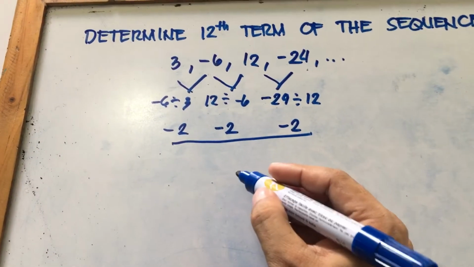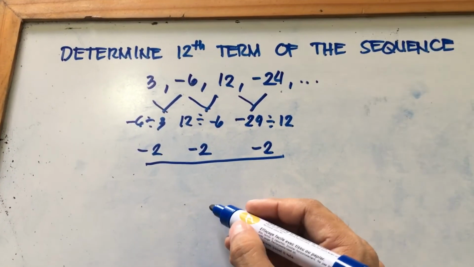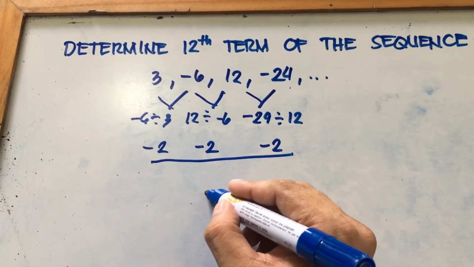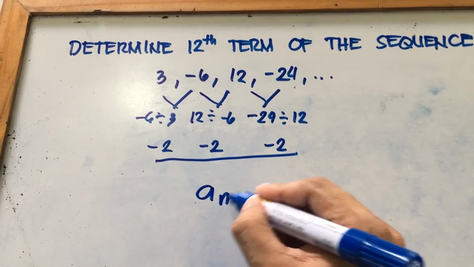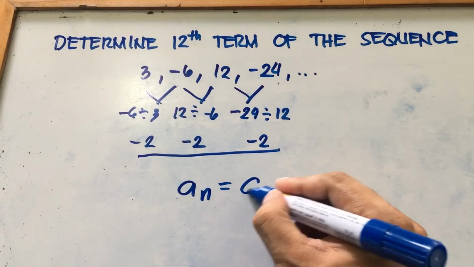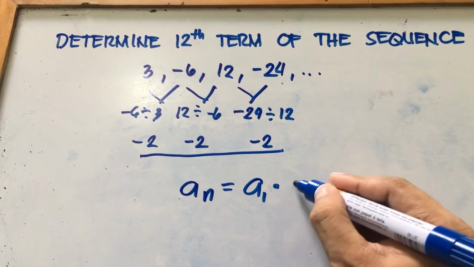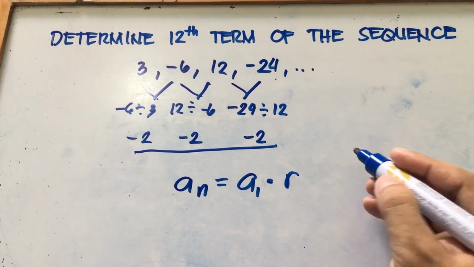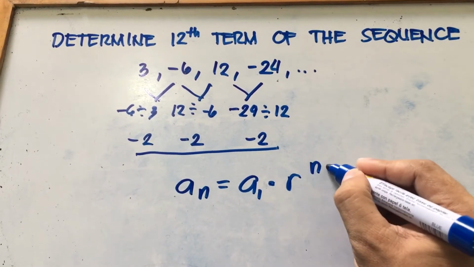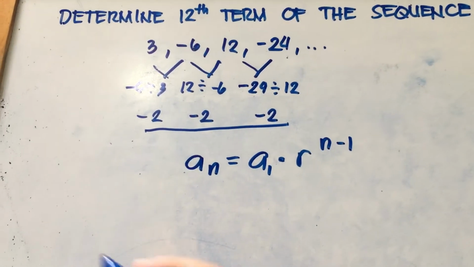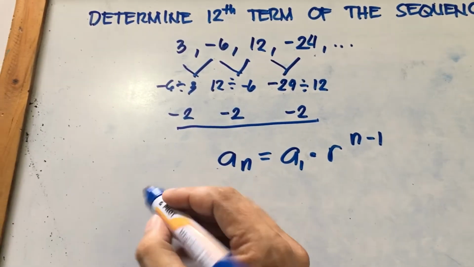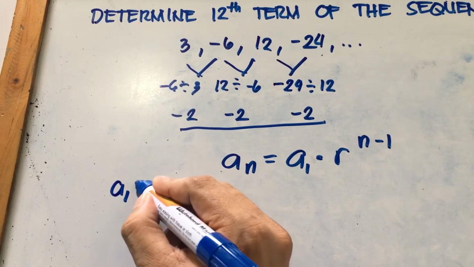So, if you can still remember, to find a specific term of a geometric sequence, the formula is a sub n is equal to a sub 1 times r, which is the common ratio, raised to the power of n minus 1. Okay? But first, we need to identify our a sub 1.